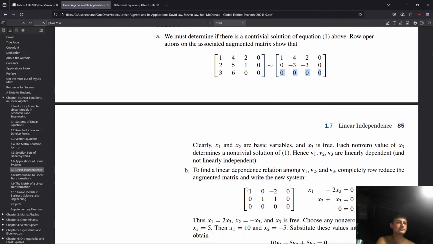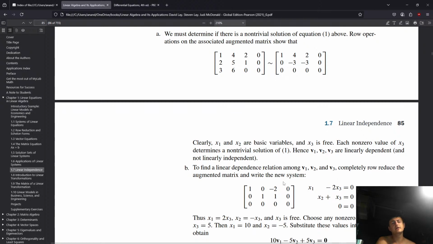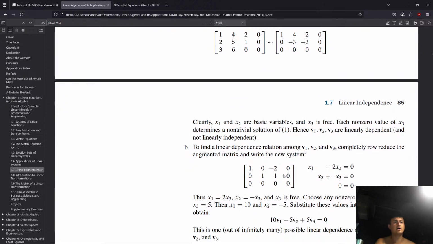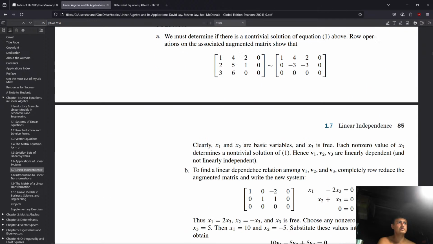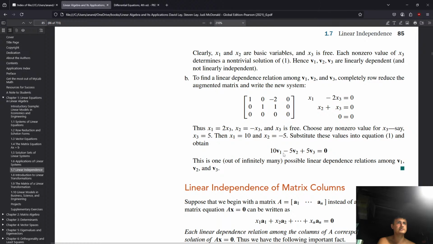Then we reduce it to this, and now we have an expression that, given an x3, we can find a non-trivial solution of the homogeneous system. So there we go. This allows us to show that there is a linear dependence. This basically shows that there's a dependence in here.